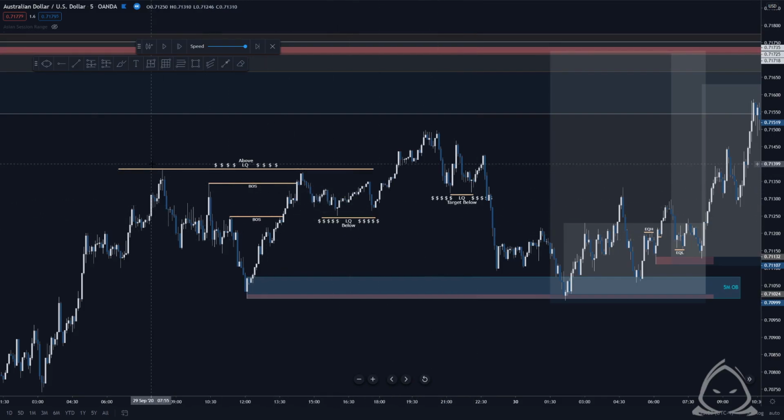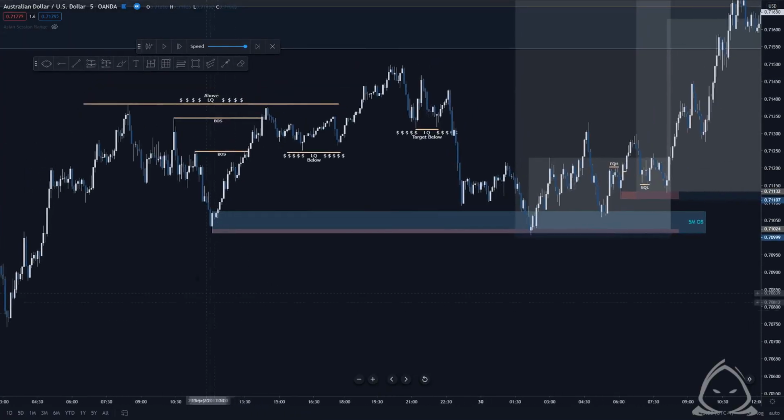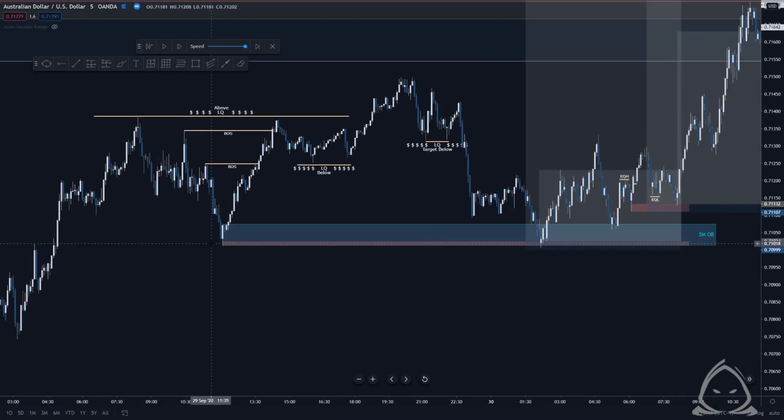The idea revolves around liquidity and how it interacts with our order blocks, right? What we want to see is an order block created by breaking structure, leaving inefficiency. It doesn't have to leave an inefficiency, but it helps, right?